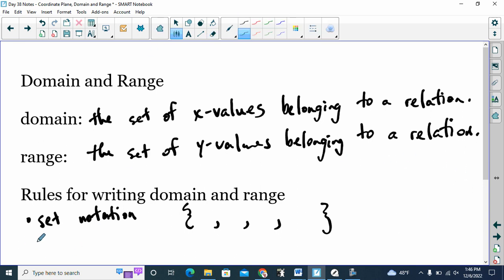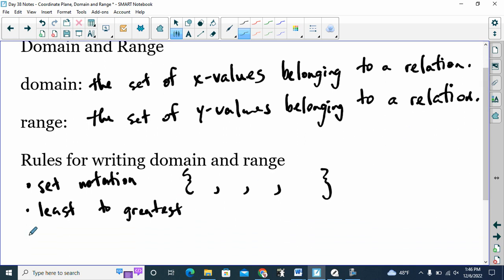Also, we list them from least to greatest. And finally, we only list once. Only list each one once.